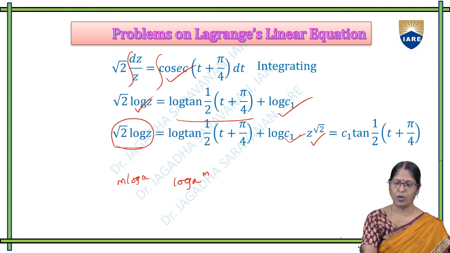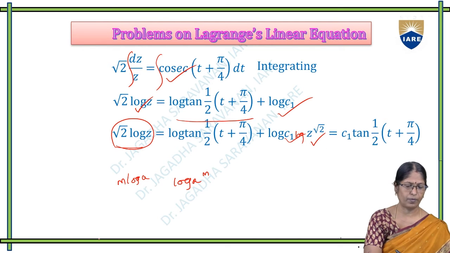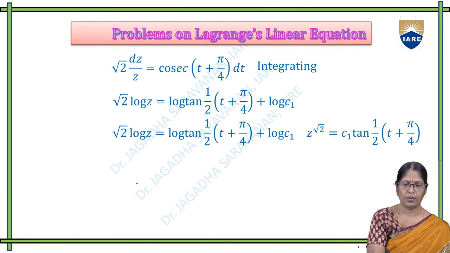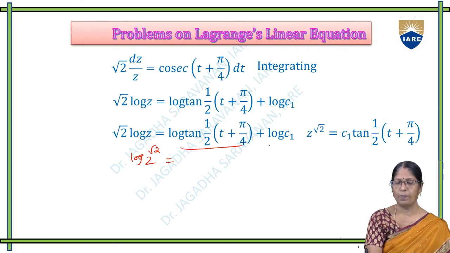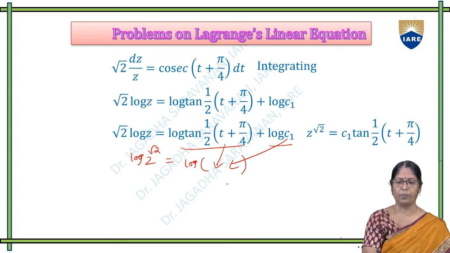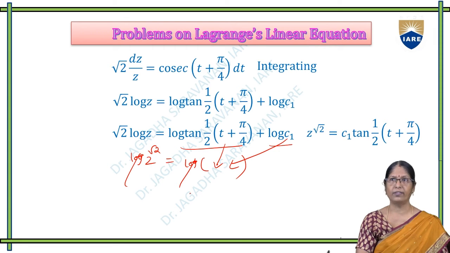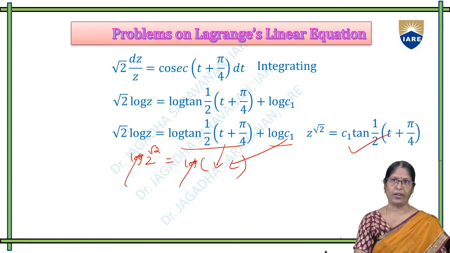Here also actually log should be there, log of z power root 2. And this is log a plus log b. We can write log of this term into this term. Log getting cancelled, this we obtained.